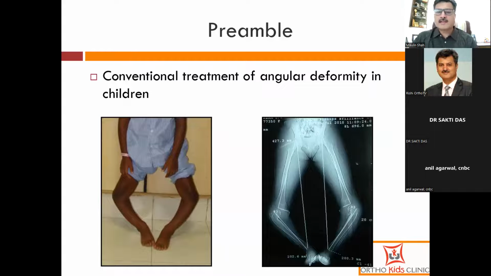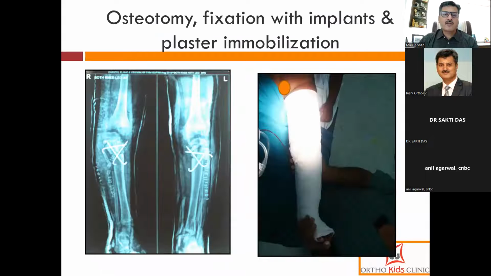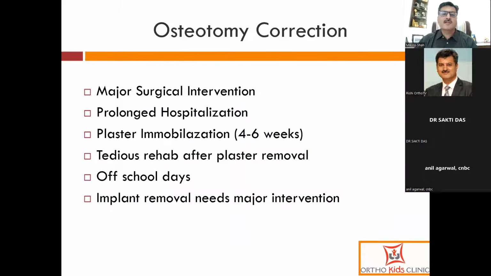So we all know that conventional treatment of angular deformity in children needs corrective osteotomies and fixation with implants and plaster immobilization. We know the drawbacks of these surgical procedures: it needs a major surgical intervention. There is prolonged hospitalization.